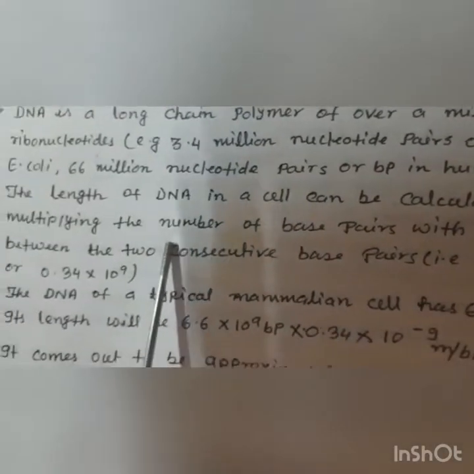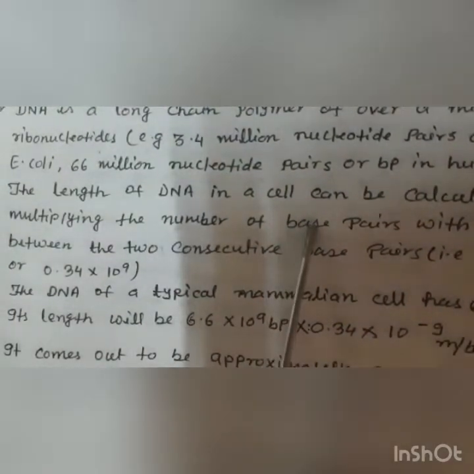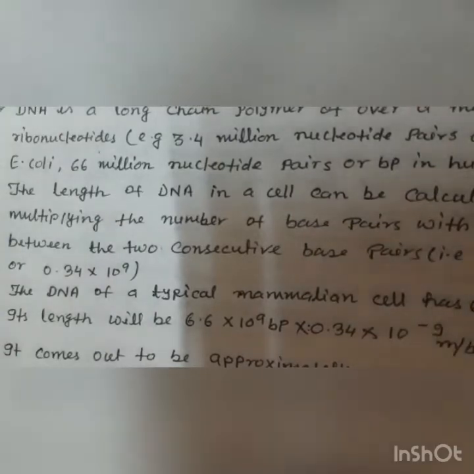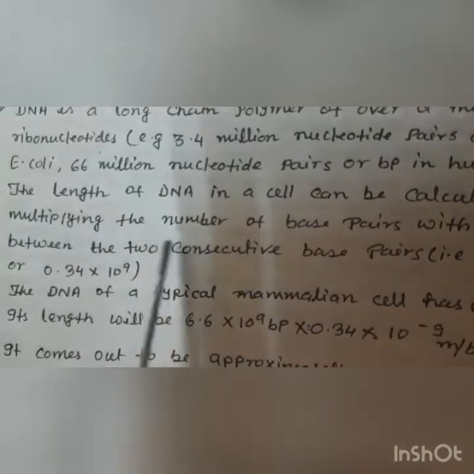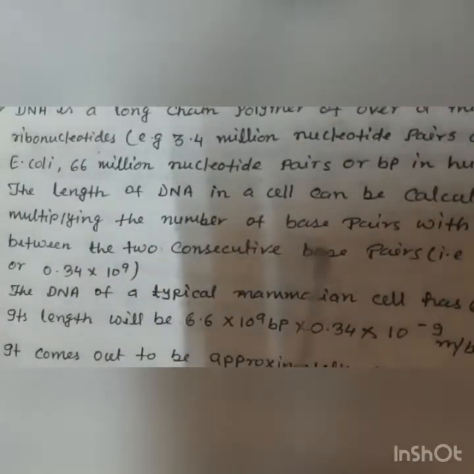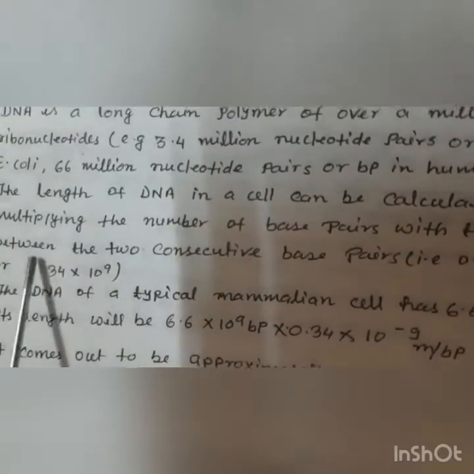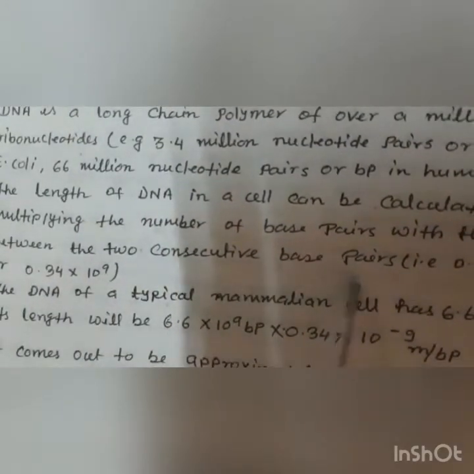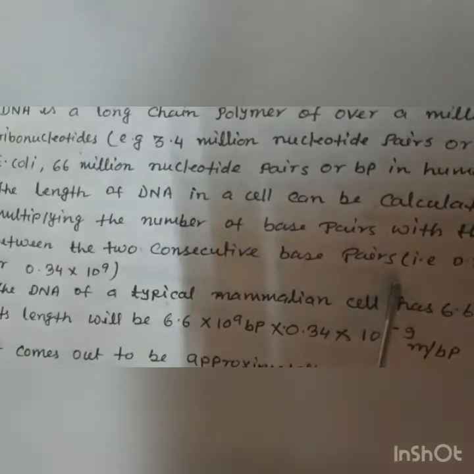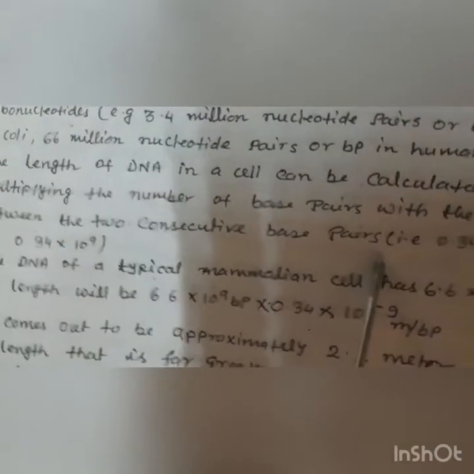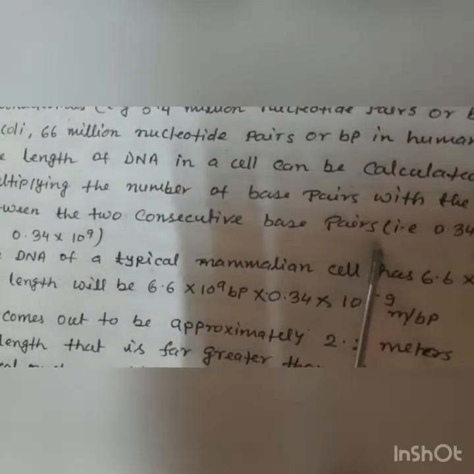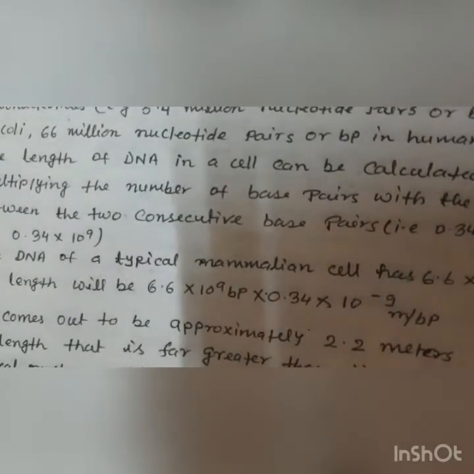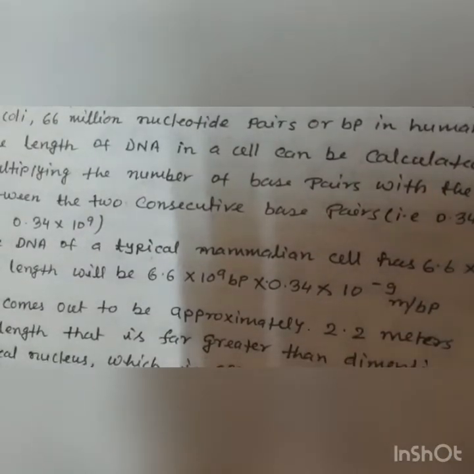The length of the DNA in a cell can be calculated by multiplying the number of base pair with the distance between two consecutive base pairs. As you have learned in previous video, that the distance between the two consecutive base pair is 0.34 nm or nanometer.